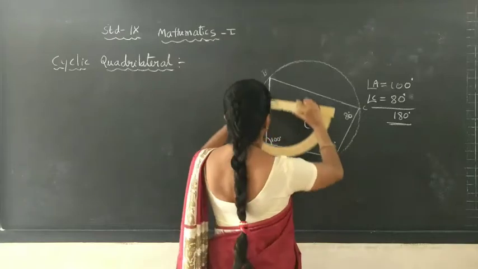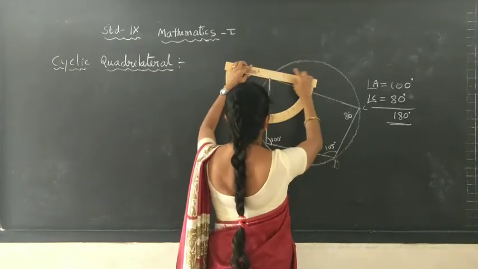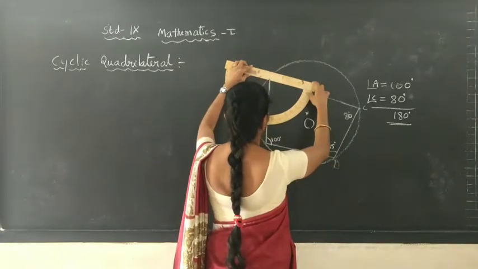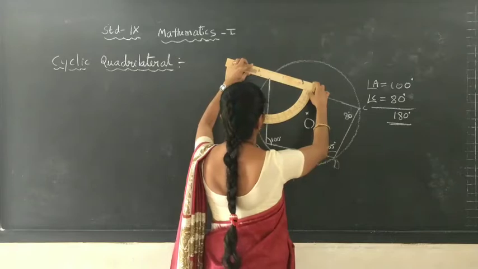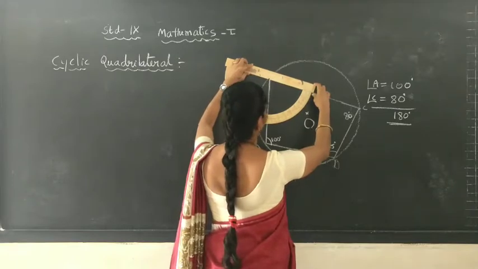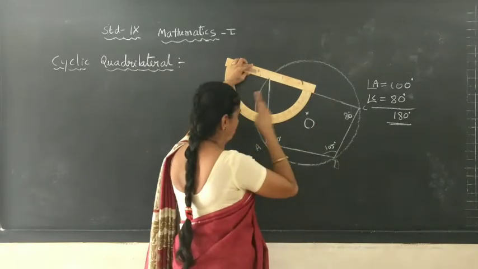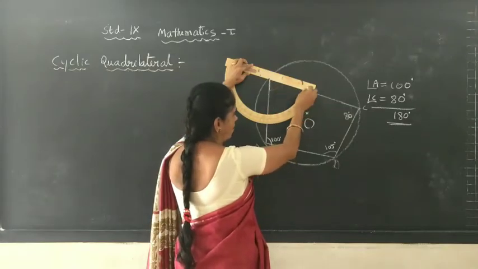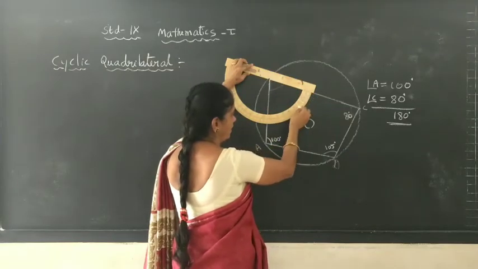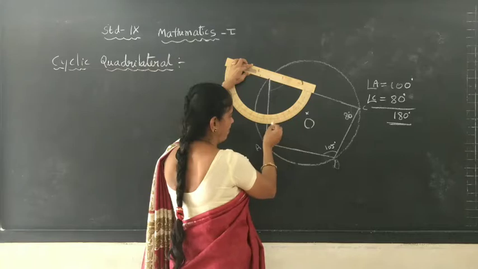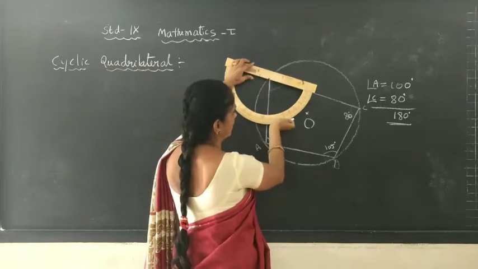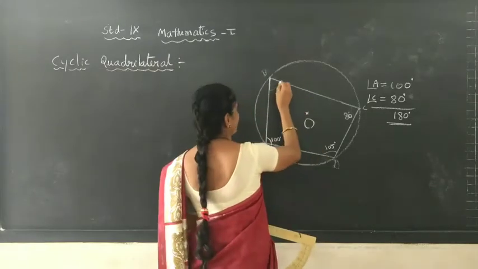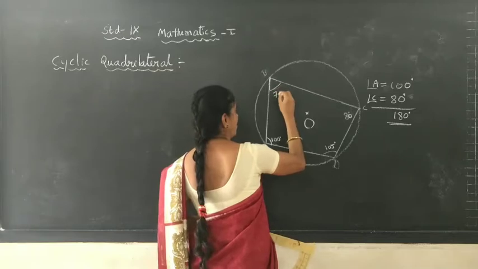Measure the angle B. Now this is the angle I am measuring. From here 0, 10, 20, 30, 40, 50, 60, 70, 75 degrees. So this angle is 75 degree.